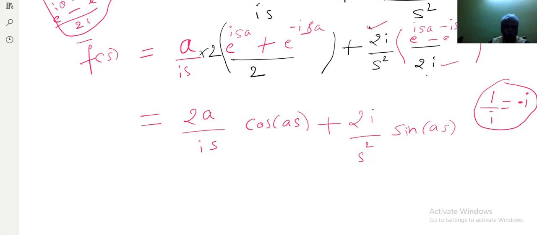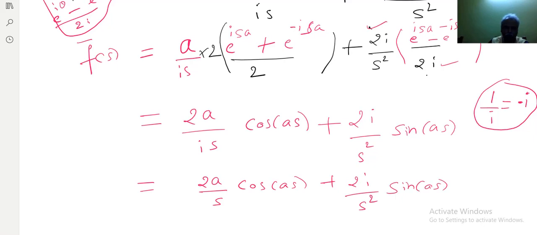So what all I am going to do in the next case, first let me write the structure as it is. 2a by s cos sa, 2i by s square sine sa, because this step is only algebraic simplification to bring the answer in a compact form. So what extra I am doing is, this i you bring up, making it minus i.